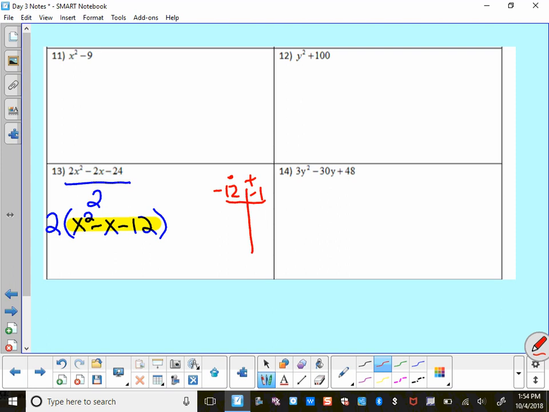So I can have 1 and 12, but I'll never get negative 1 with that. 2 and 6, 3 and 4, right? That's the best option. Something needs to be negative. Which one, the 3 or the 4? The 4. If the 3, if you do negative 3 plus 4, you get positive 1. We need negative 1.